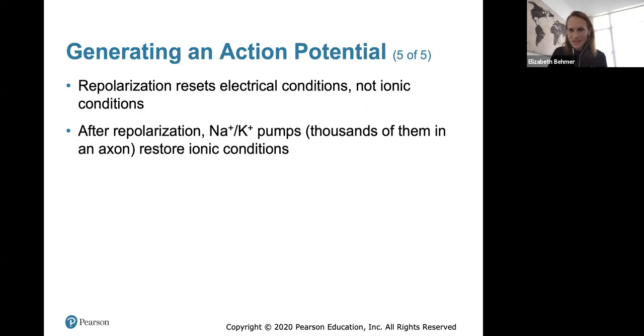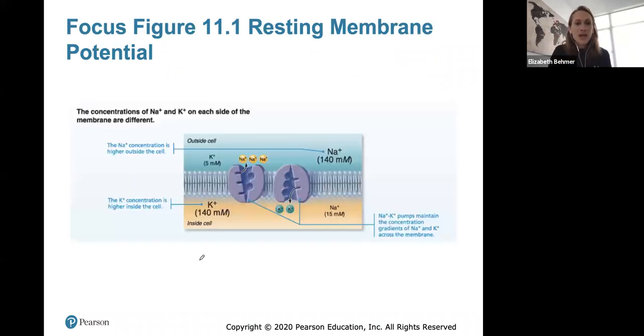So repolarizing the cell will reset all the electrical conditions of an action potential. And after repolarization, specifically the sodium-potassium pump, and you have thousands of them in the axon, will restore the ionic conditions of putting sodium outside the cell and potassium inside the cell. Here is the sodium-potassium pump and how it will restore our resting membrane ionic composition.